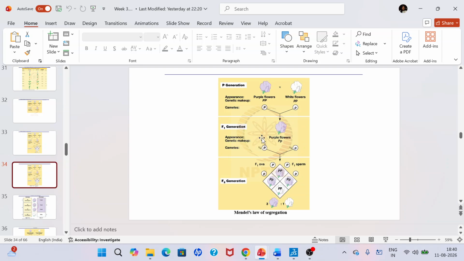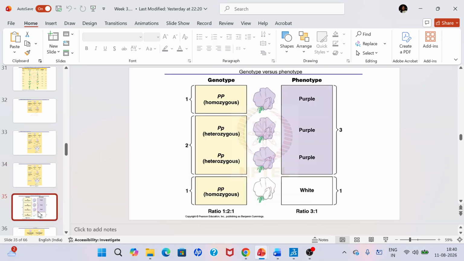But now it is between the self. This was a self cross, basically between the same flowers, so anyone can be male and anyone can be female, because the genetic makeup and the phenotypic makeup were similar in both cases. So as I was telling you, this is a homozygous dominant, so it gave a purple flower.